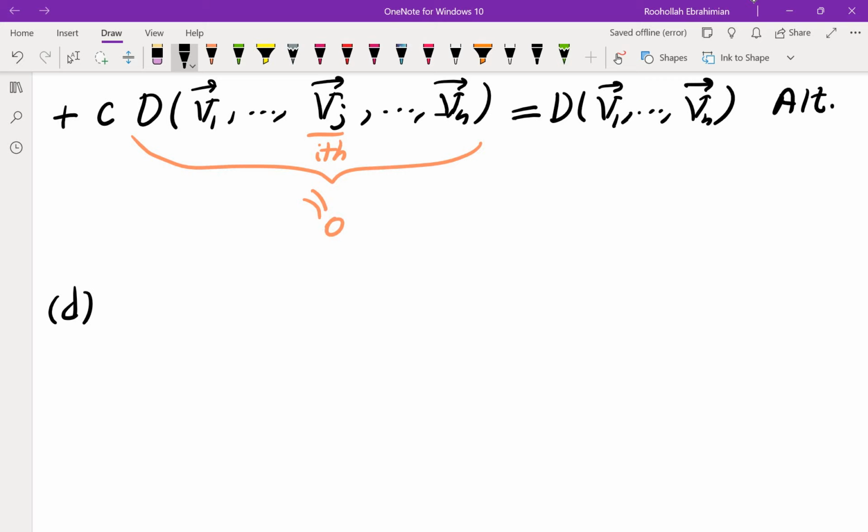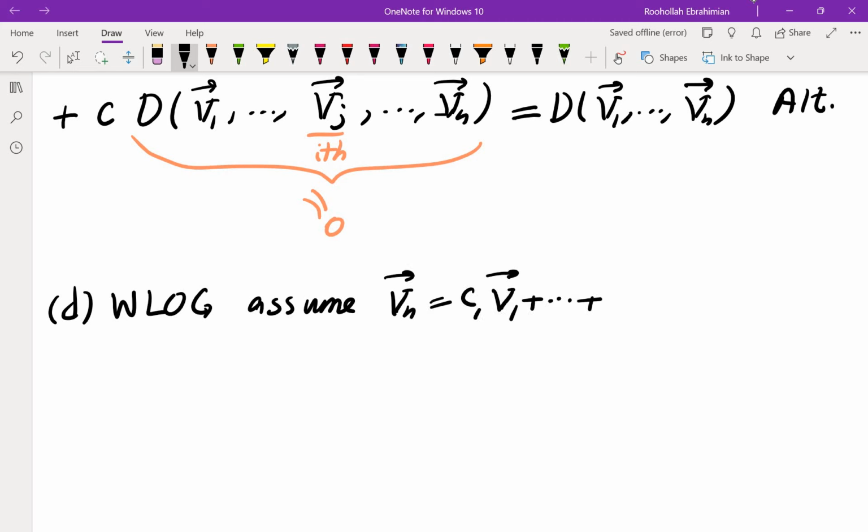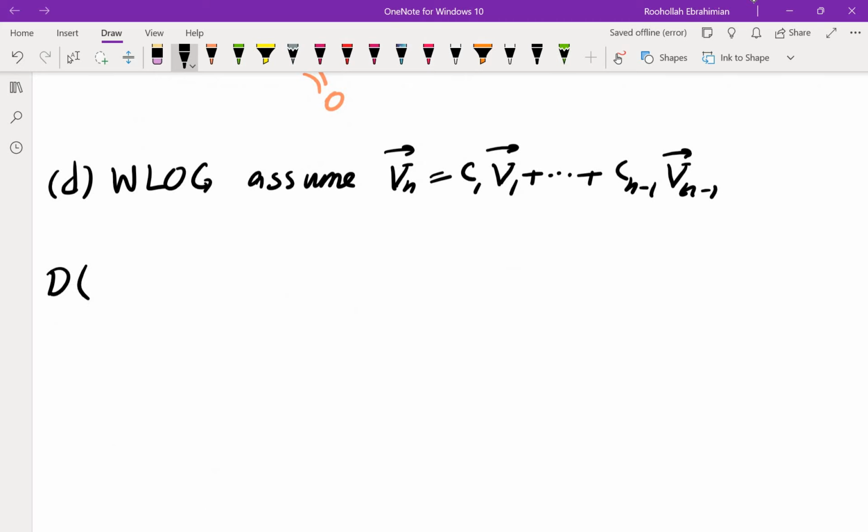And it's very similar for the other ones, it's almost identical. So without loss of generality, assume Vn is C1 V1 all the way to C(n-1) V(n-1). So now we're going to evaluate D of V1 all the way to Vn.